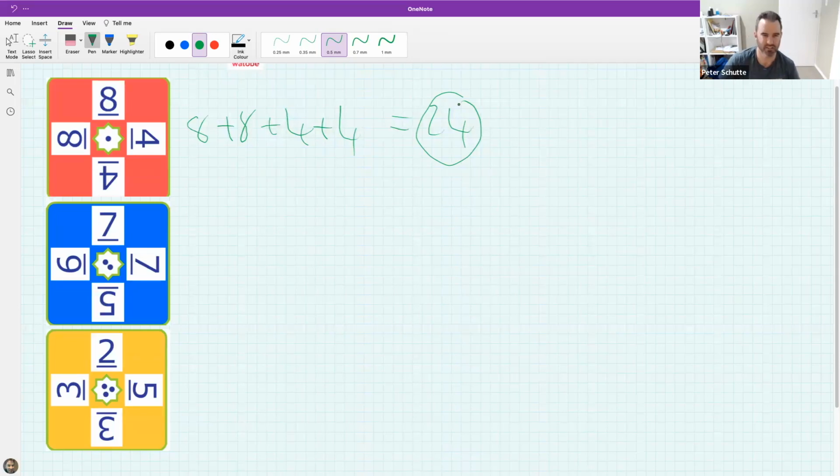And it helps us keep in touch with our multiplication tables, because multiplication tables often are involved here. I'll give you a hint for the blue one. 7 times 5 is a helpful times table to keep in mind. What do you get when you get 7 times 5? And then there's a 6 and a 7.